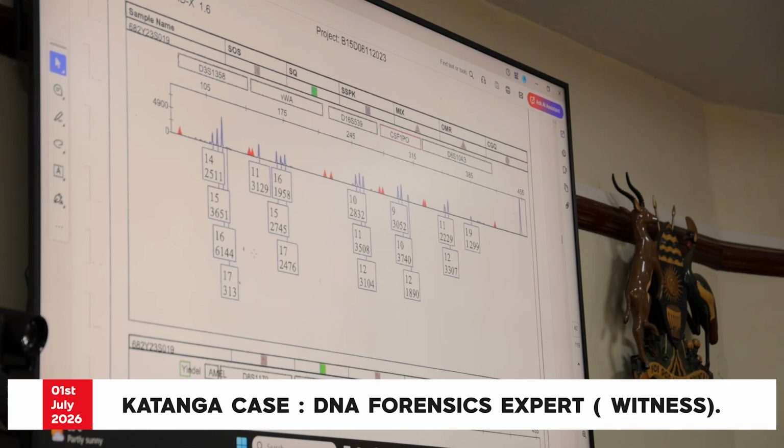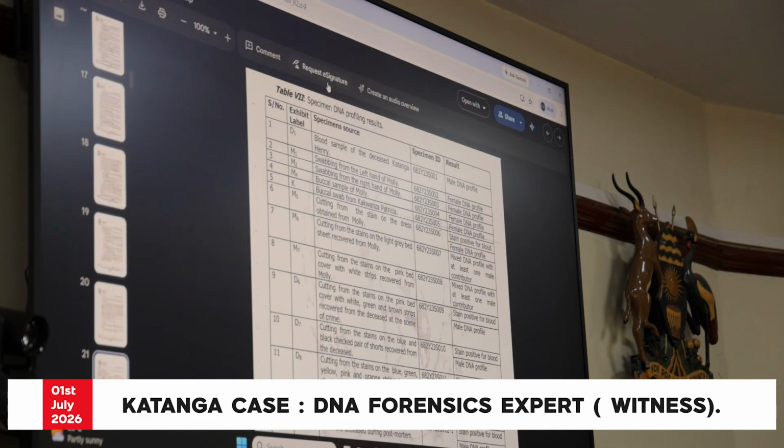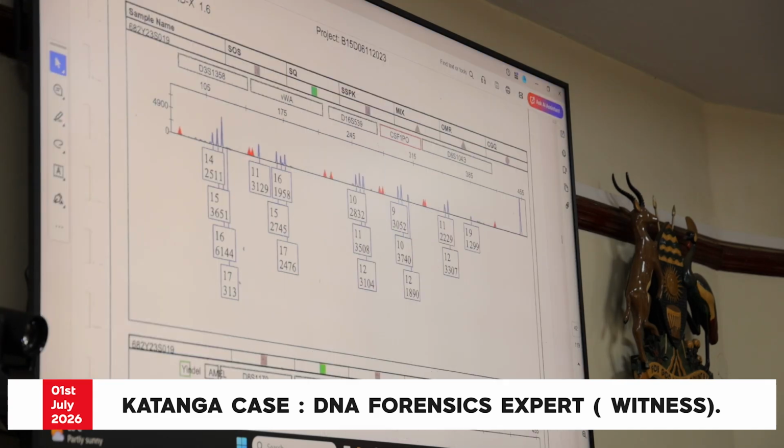What is it? Labelled within this EPG, we have pieces of information designated 14, 15, 16, and 17. Now I want you to look at 14 and just tell me whose DNA was 14. And I'm looking specifically, and maybe we just stick at the electropherograms, maybe it'll be easier. If you can take us to the sample of Henry Katanga.